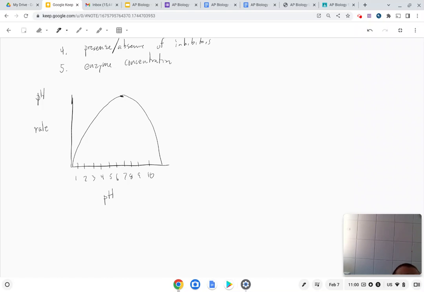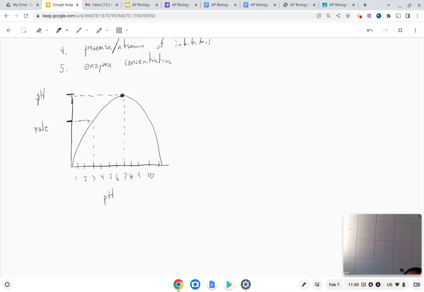So if I asked you, what is the rate of reaction at pH 3? You would go, okay, 1, 2, 3, and then you would come over here to figure out what the rate is. If I asked you what's the rate of the reaction at pH 7, you'd say, well, that's the highest that it ever is. That's the peak.